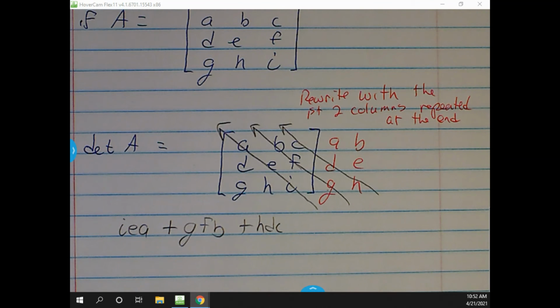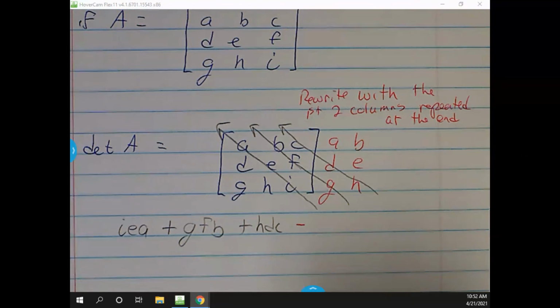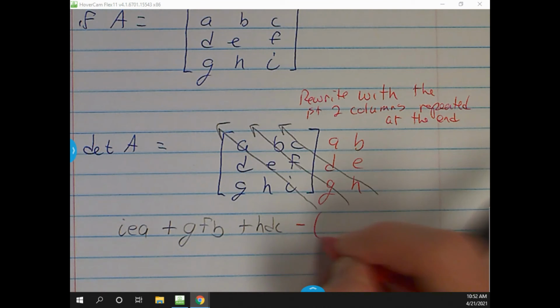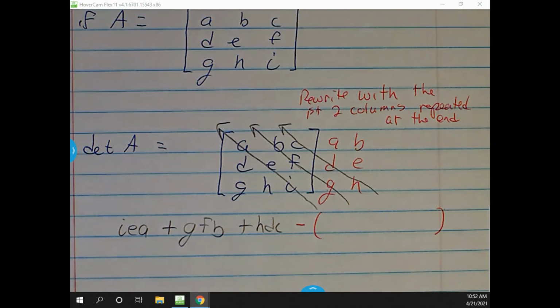Just like in the other problem, you had to subtract it. But in this case, because we have more than one number here, we're going to subtract and put this in parentheses. Then we're going to go in this direction, to the right side.